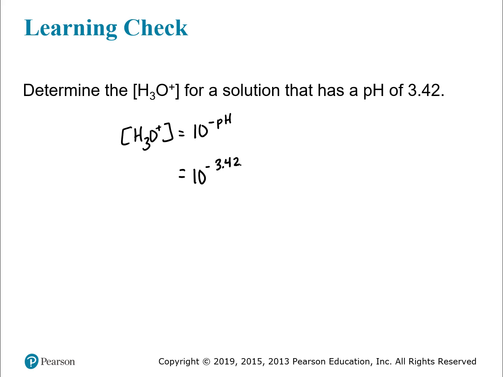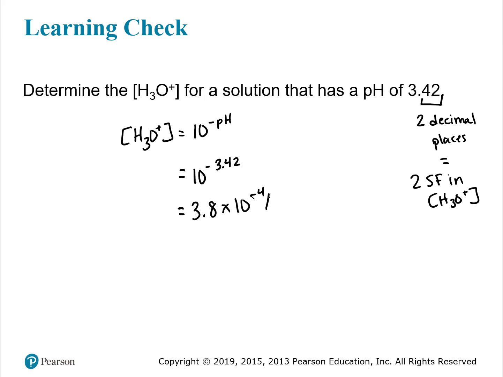Make sure you can put that into your calculator. Let's figure out how many significant figures we should have for this. Remember, the number of decimal places in our pH tells us how many significant figures for our hydronium concentration. We've got 2 decimal places here, so that means 2 significant figures in our hydronium concentration. So you should get 3.8 times 10 to the minus 4 molar for the hydronium concentration.